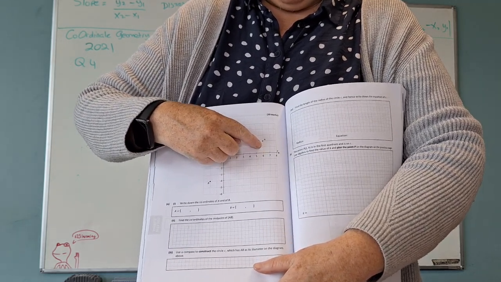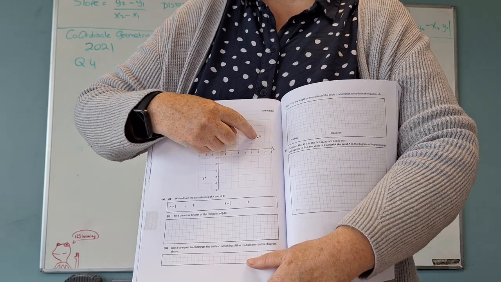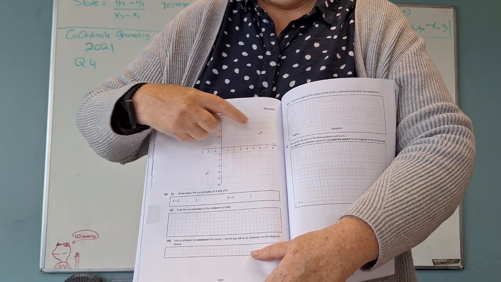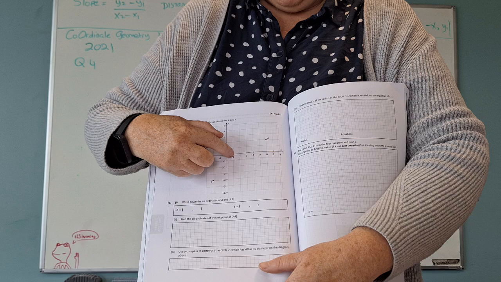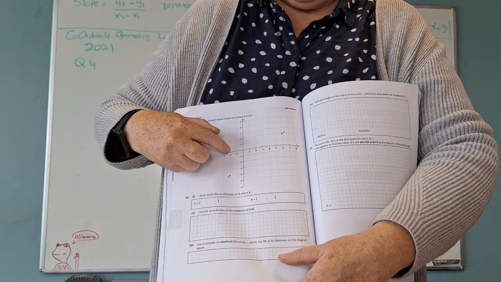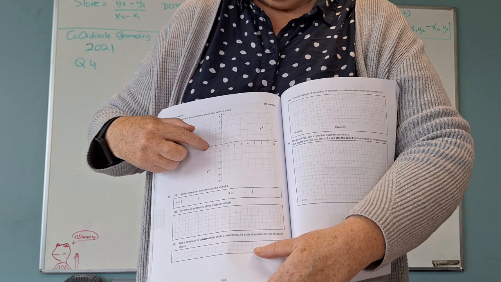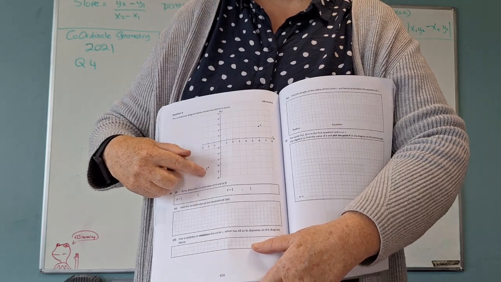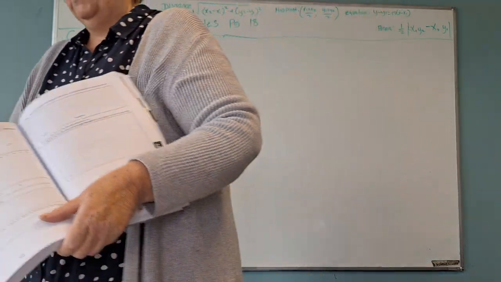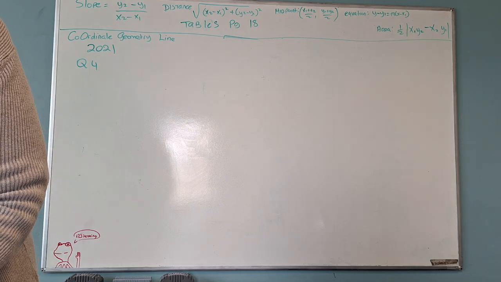So you go over 6, and you go up 2. So your point A is (6, 2). Your point B, you go back to minus 2 and you go down to minus 4. So B is (minus 2, minus 4). Okay, so that's that first part.